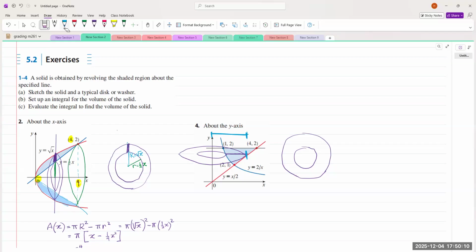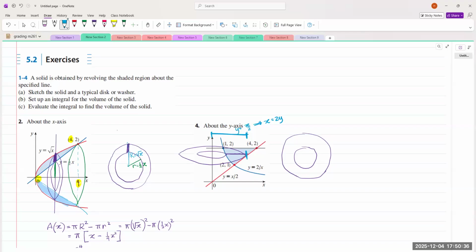That is the big radius, which is y equals x over 2, but because we integrate with respect to y later on, we need to solve this in terms of y. So this becomes x equals 2y. Is it okay?